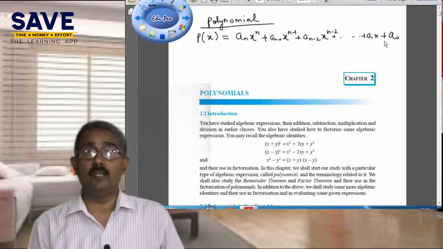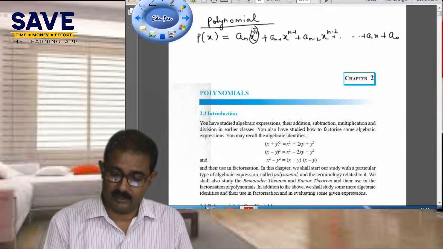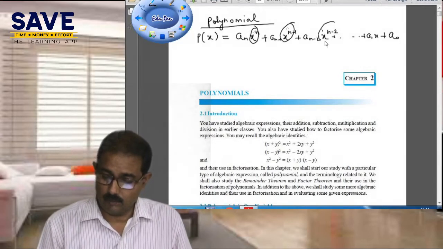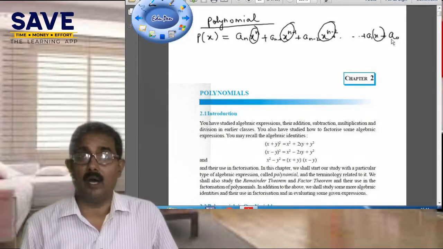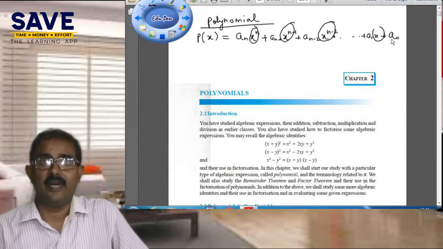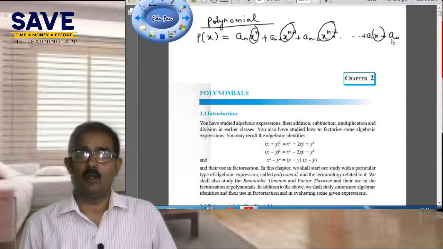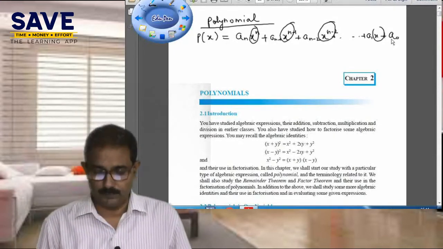In simple language, the power of the variables should be a whole number. That is, it should not be negative or a fraction, and it should not be in square roots also.